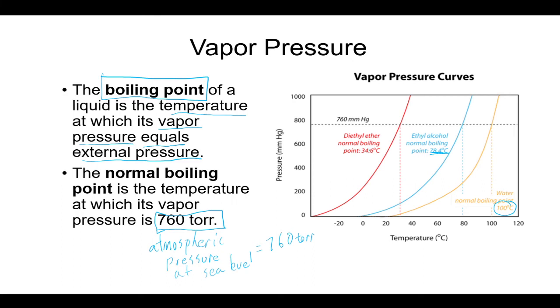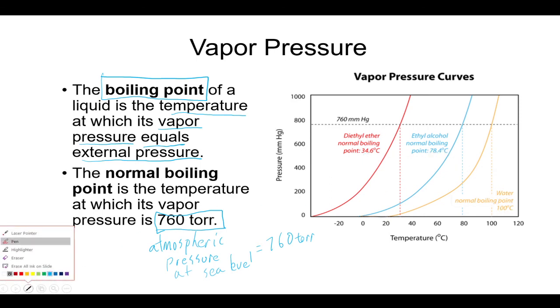And diethyl ether, no hydrogen bonding, is able to enter the vapor phase and boil at 34.6 degrees Celsius. You only have to give it a little bit of energy for those molecules to overcome their intermolecular forces to create a vapor pressure that equals atmospheric pressure, i.e. the boiling point.